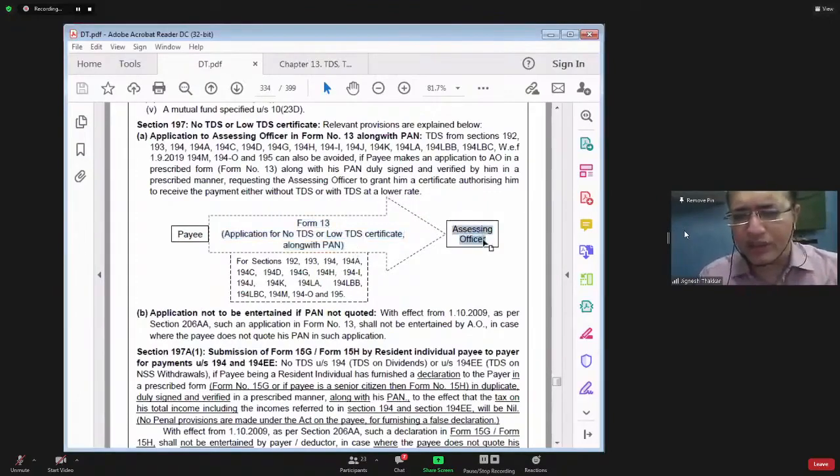If the assessing officer is satisfied, he will issue the certificate to the payee. The copy of the certificate the payee will submit to the payer and the payer will stop deducting TDS. In case it is a no TDS certificate case, then the payer will stop deducting TDS at all.